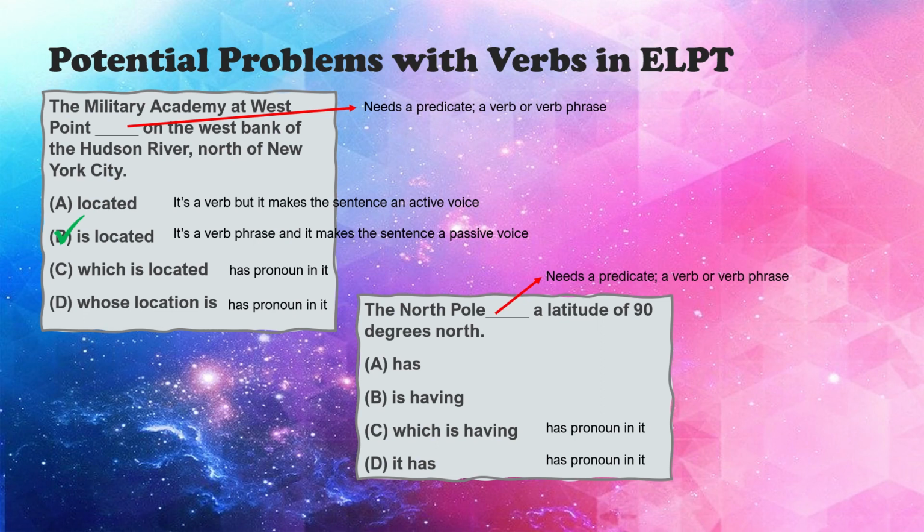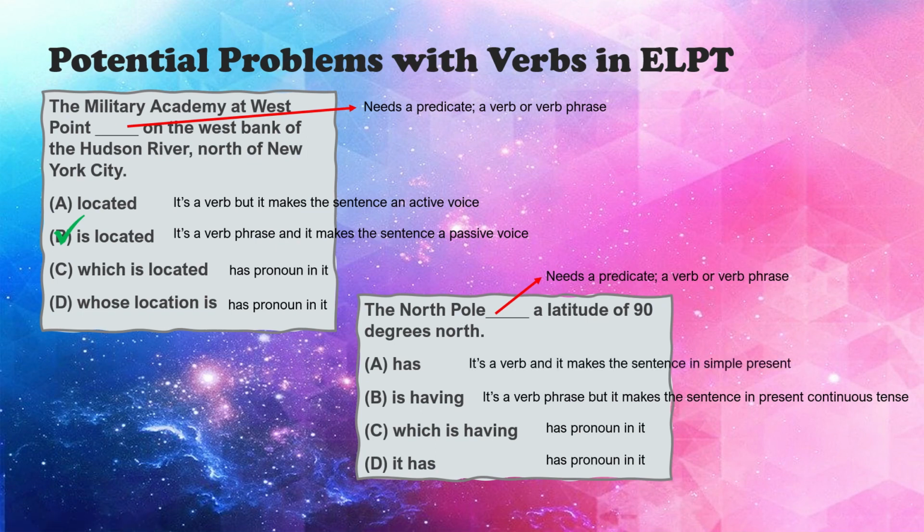"Is having" is a verb phrase, but it makes the sentence present continuous. It gives the impression that something is still in progress. Meanwhile, this sentence is not a progress. This one shows a fact. And choice A is a verb that makes the sentence simple present, just like what a fact needs. Therefore, the answer is A.